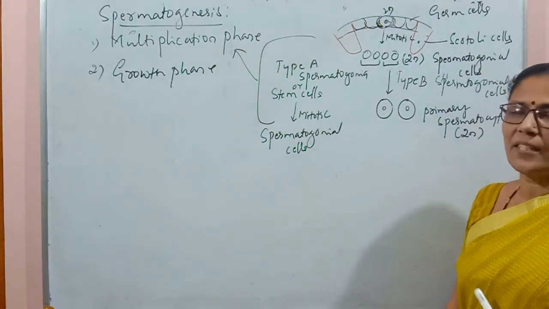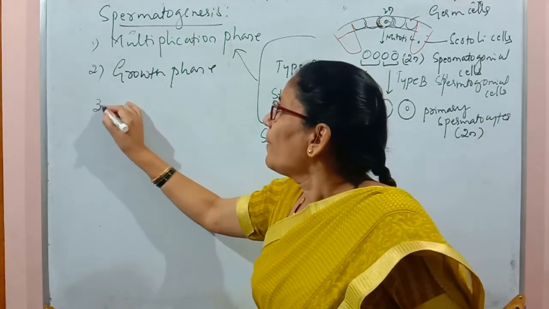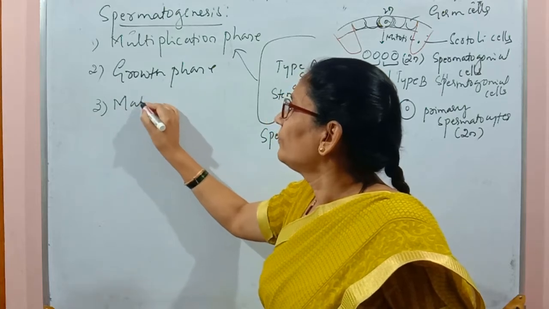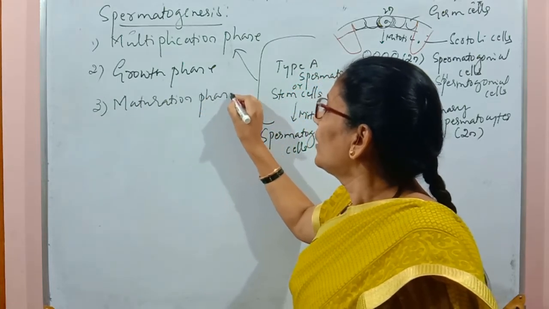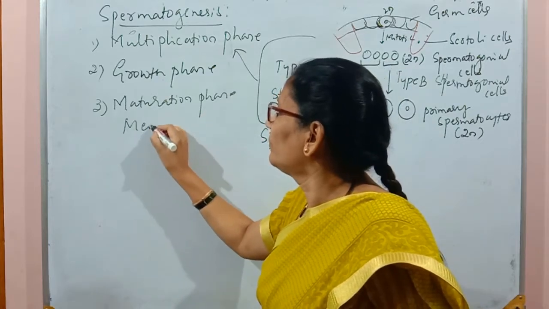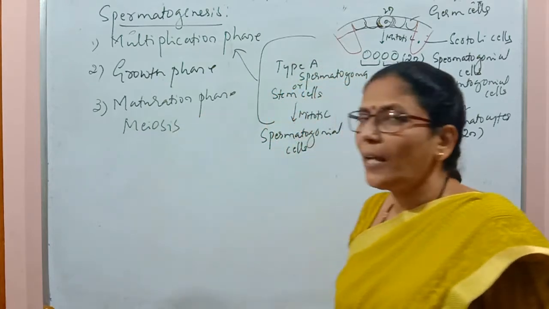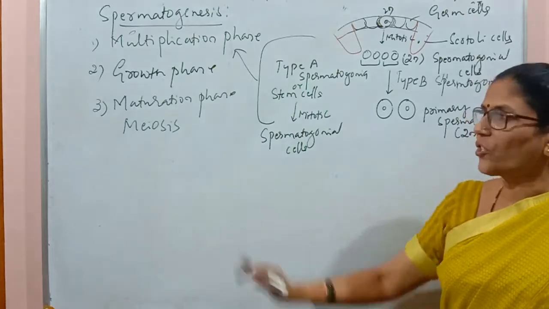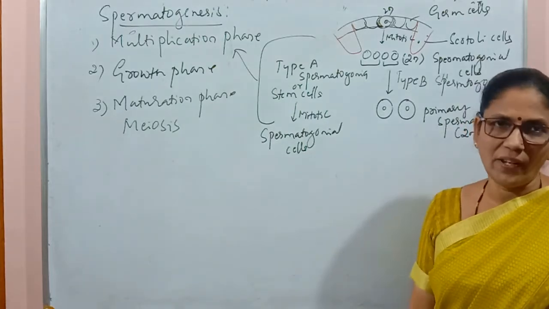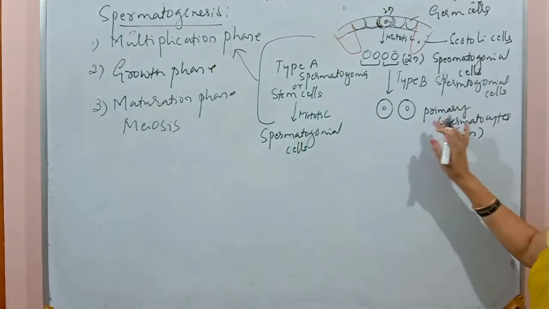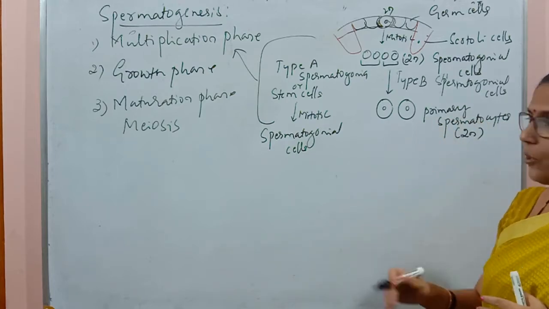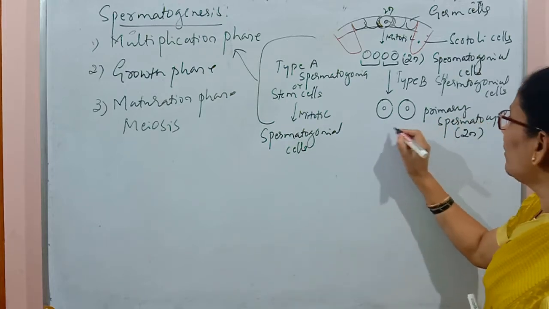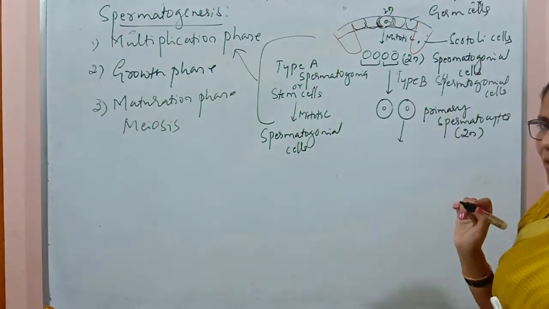So the next stage we call the maturation phase, during which meiosis takes place. Meiosis is the main division which takes place during the maturation phase. Here the primary spermatocytes are the parental cells. I am taking only one cell first.